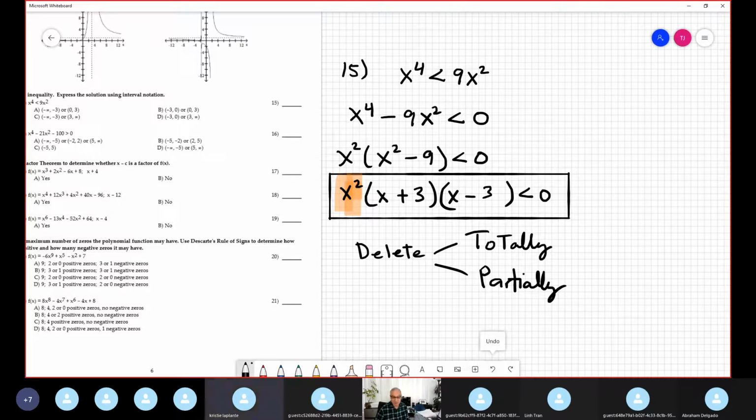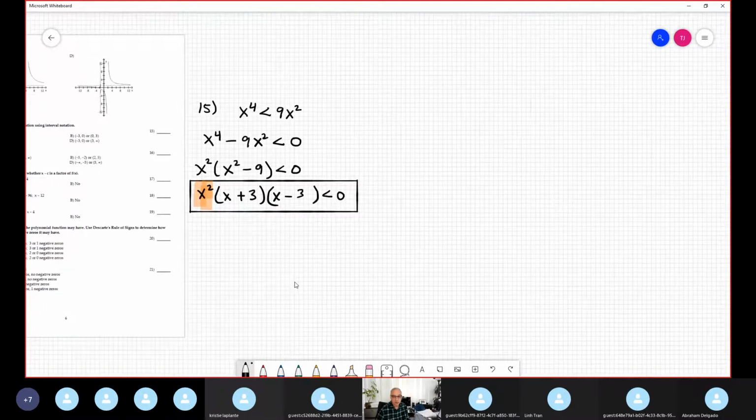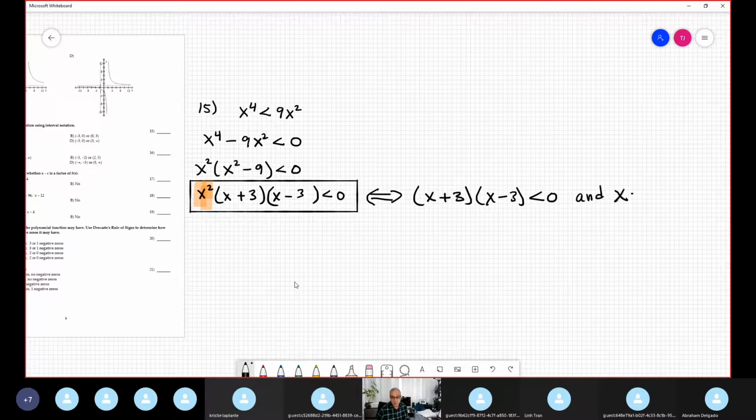Okay, thank you. Therefore, my inequality, I modify, simplify something like that, like x. So this statement is equivalent to, 100%, x plus 3 times x minus 3 less than 0, and x not 0.